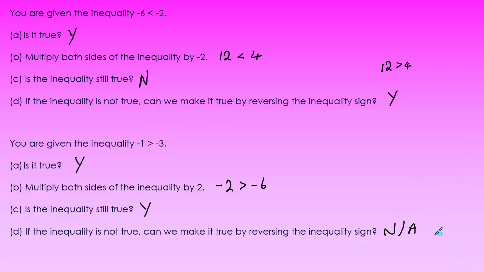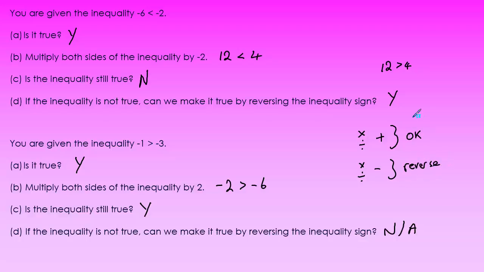What conclusion can we draw from what we've just done? Well, every time that we multiplied or divided by a positive, the inequality was okay. But if we multiplied or divided by a negative, then we needed to reverse.